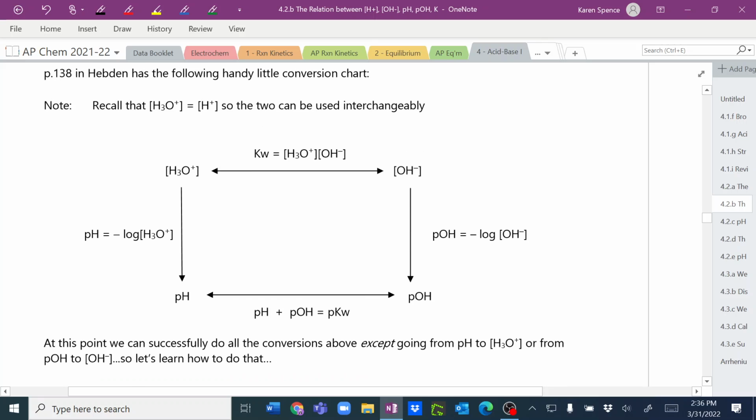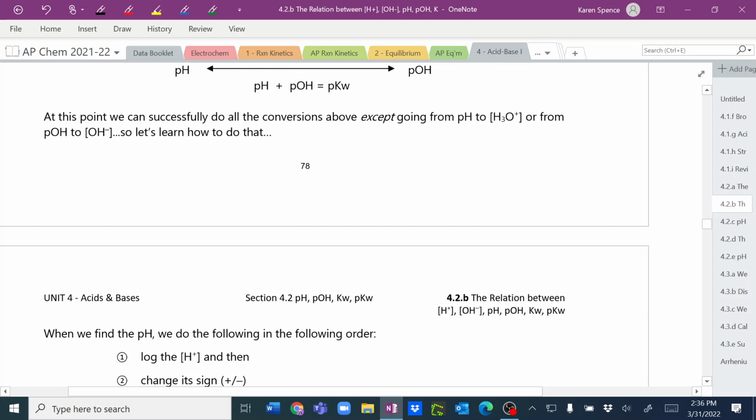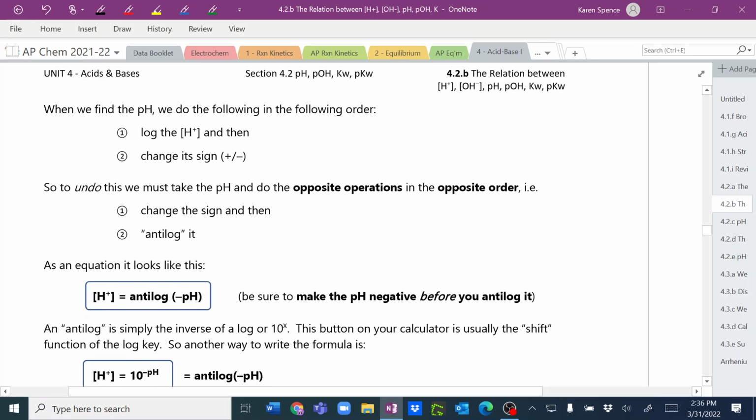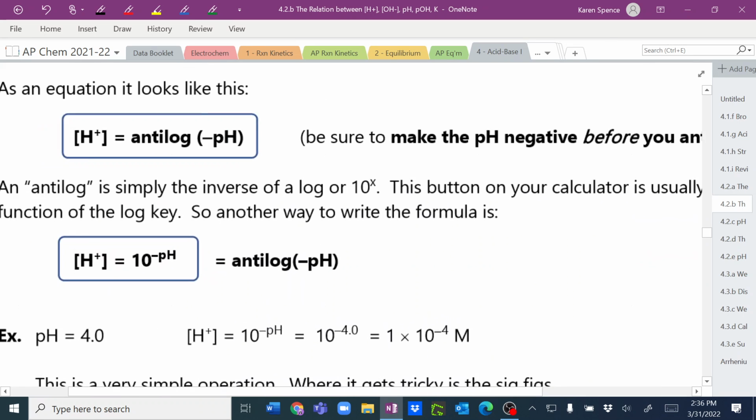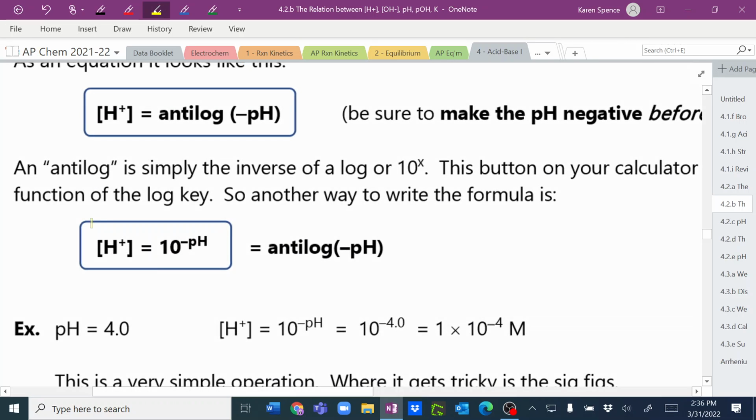If you can't remember them individually, you can memorize this little chart if it's helpful, okay? But if it's not helpful, you remember we just talked about this, yes?